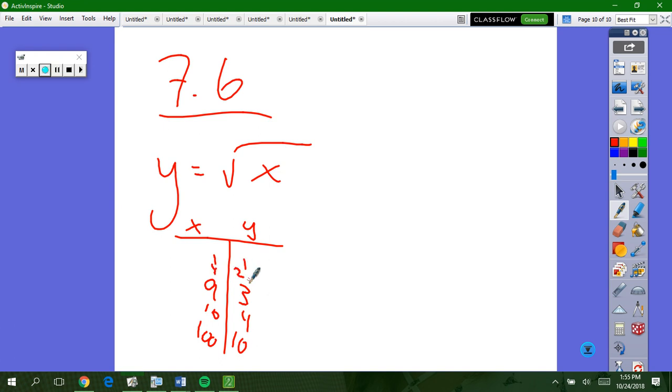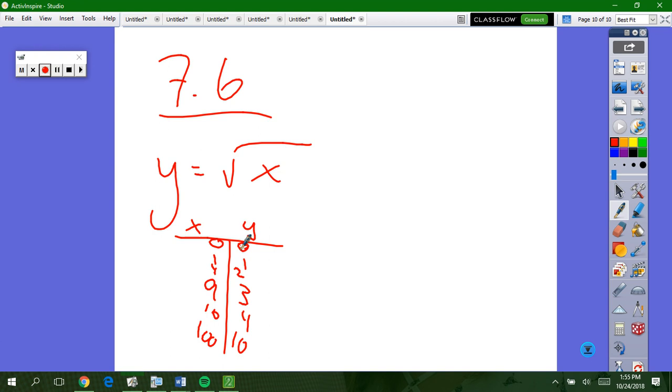What am I missing? Oh, I can't have a negative, can I? Because you guys have not learned about imaginary numbers yet. 25 is a good one, but I'm not going to pick it. 0 is the one we're missing that a lot of you probably forgot. Isn't 0 a perfect square root as well?